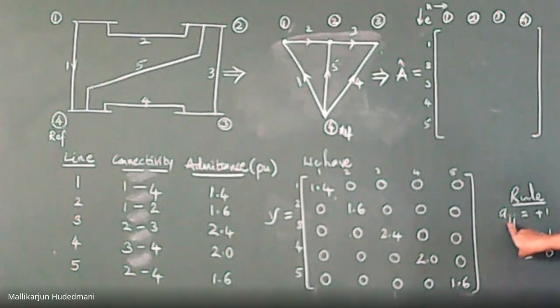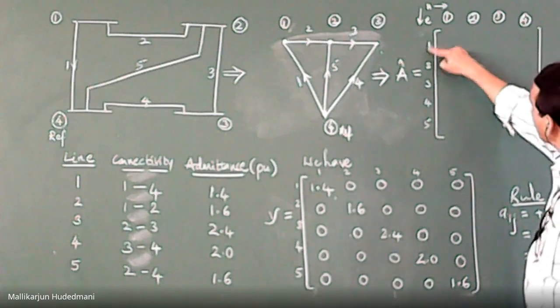If the ith element is incident to the jth node and oriented away from j, it is +1. If the ith element is incident to the jth node and oriented towards j, it is -1. If the ith element is not at all incident to the jth node, it is 0. Hope you remember it. Therefore, if I use this concept, what can I do?